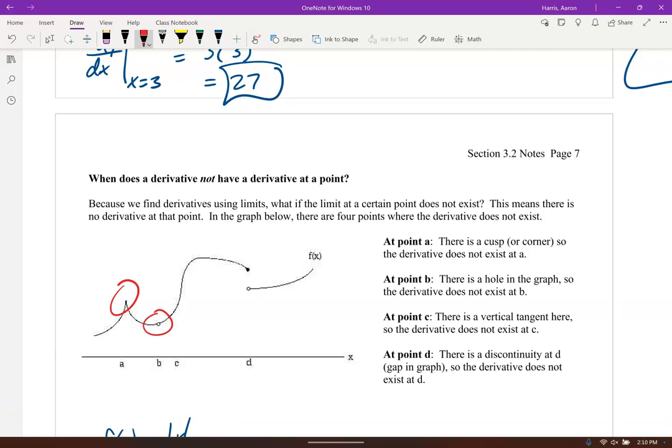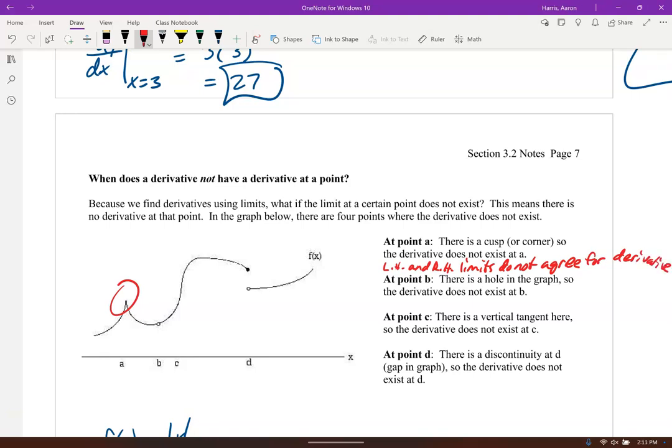And at point A, let's do a little more notation here. At point A, there's a cusp, so no corners. What's happening is the left-hand and right-hand limits do not agree when you're finding the derivative limits. Think of the absolute value discussion.